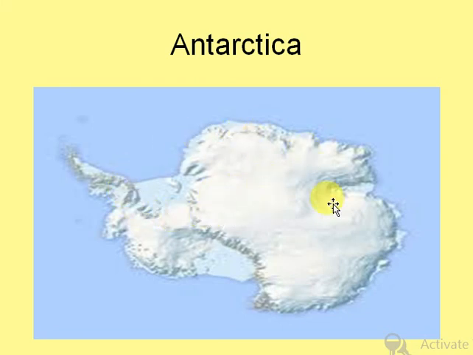How is it possible to live in the extreme cold over here? So many countries have research stations in Antarctica. We also have. These are named Maitri and Dakshin Gangotri research stations.